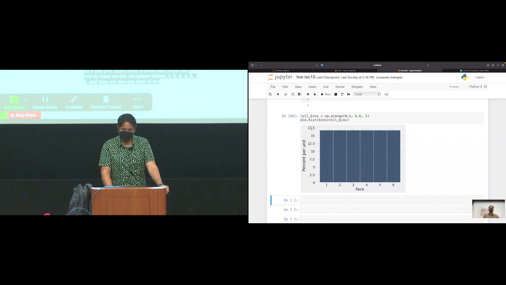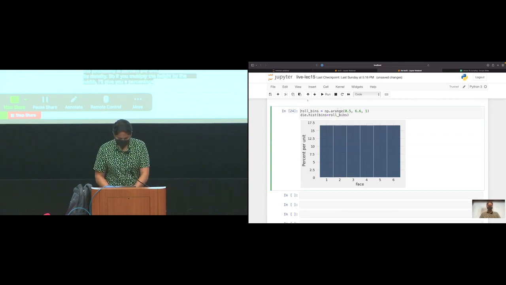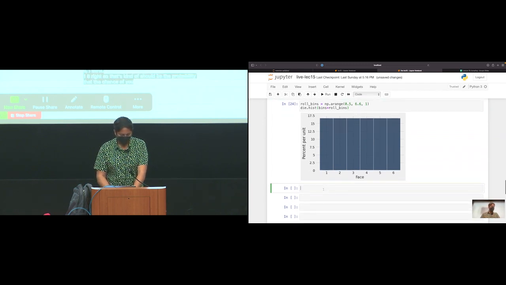Again, remember the y-axis isn't actually the probability, it's percent per unit, it's density. But if you multiply the height by the width, it'll give you a percentage. Cool. Each of these should be about 16.66, I think, 1/6, right? So that should be the probability, the chance of each die roll here.